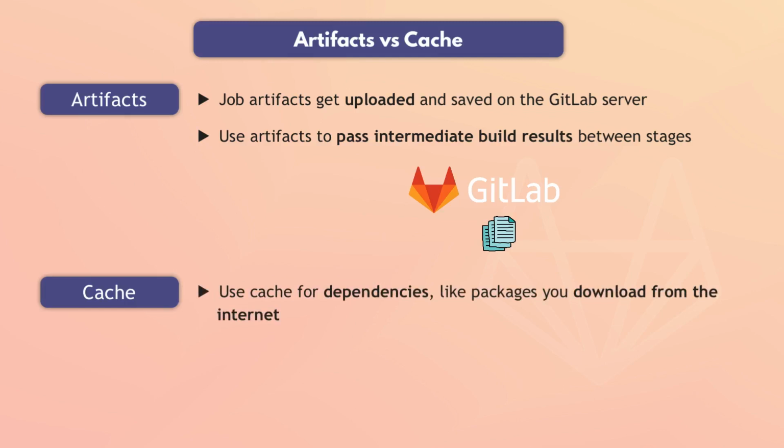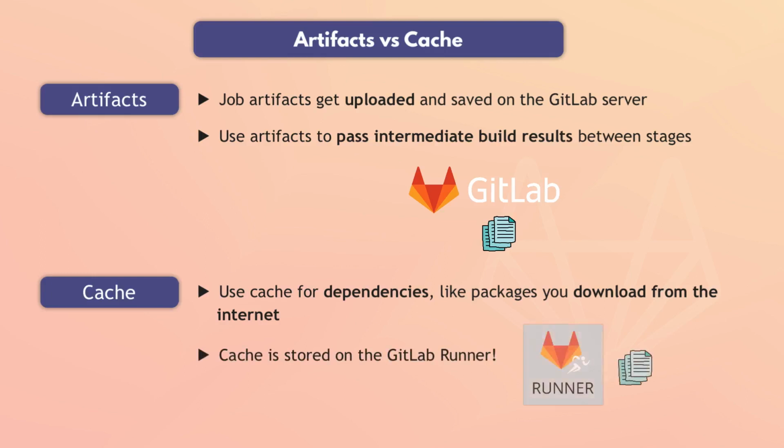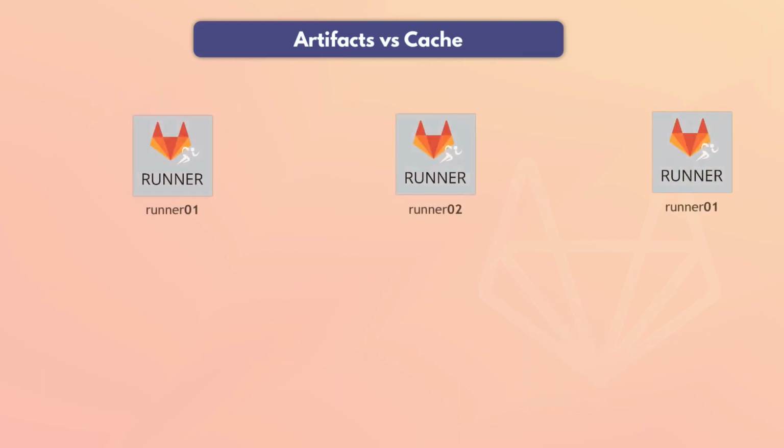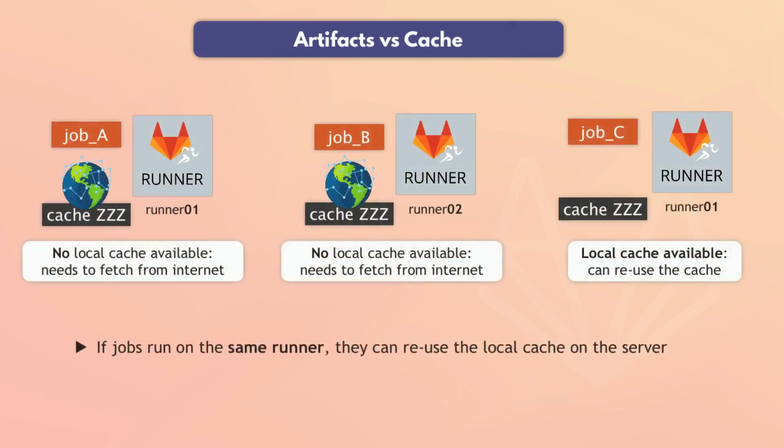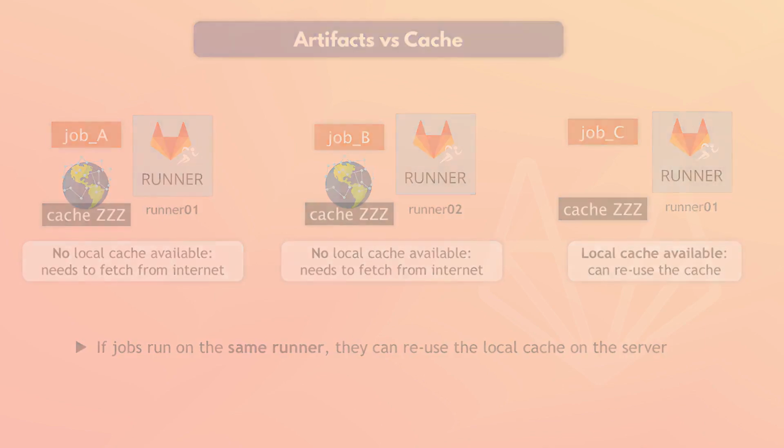And cache, unlike artifacts, is not stored on the GitLab server, but rather is stored on the GitLab runner, so on the server where the GitLab runner is installed. And this means when your jobs run on the same runner, they can reuse the cache directly, locally from that runner's host machine. So they don't need to fetch anything from the internet.